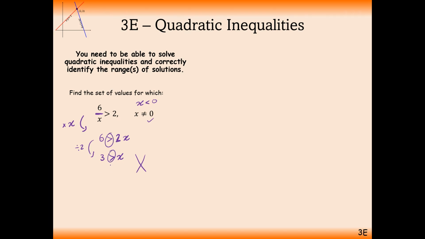But do you know whether to flip it or not? No, you don't know. We don't know when x is in the denominator whether x is positive or negative, so we don't know whether we need to flip the inequality sign or not.